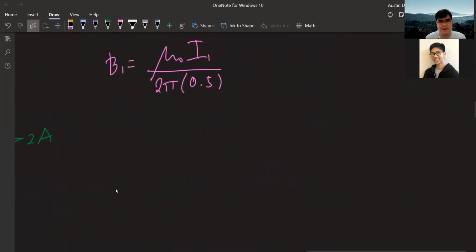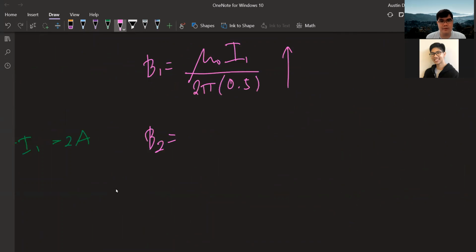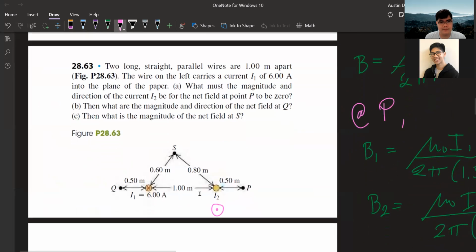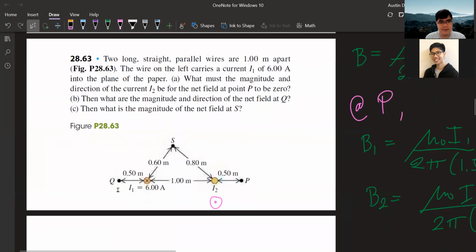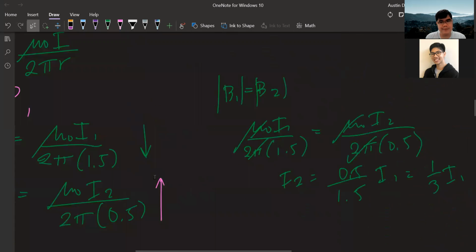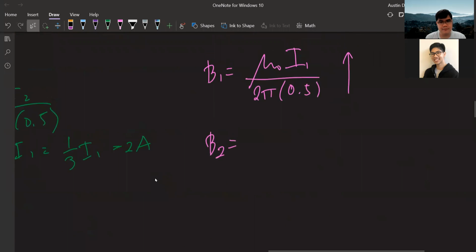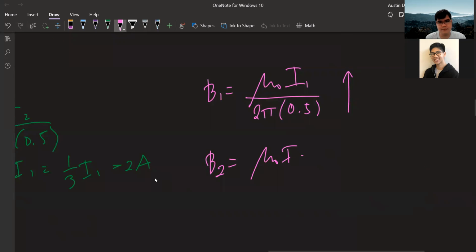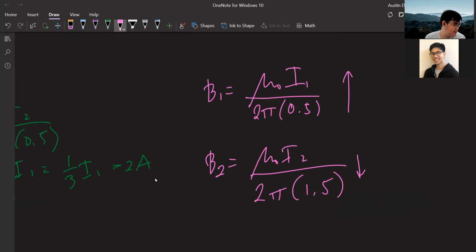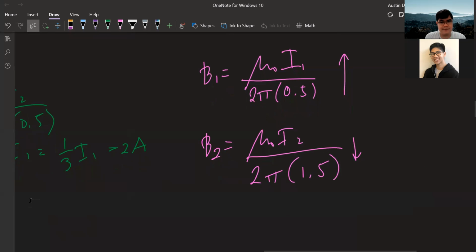And then for B2, since it's out of the page, the force is downward, with distance 1.5.